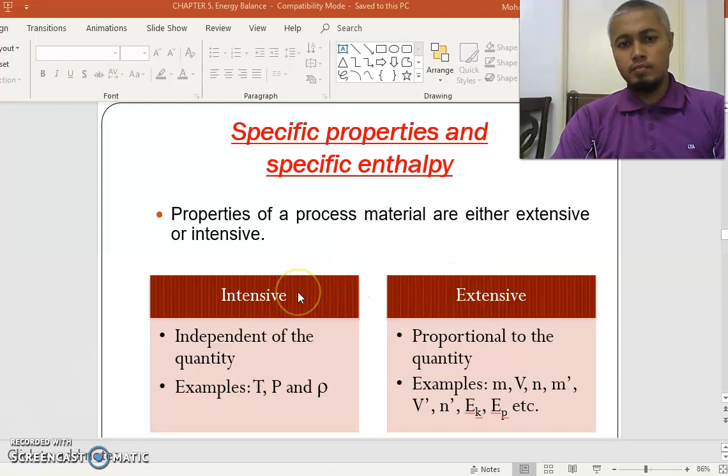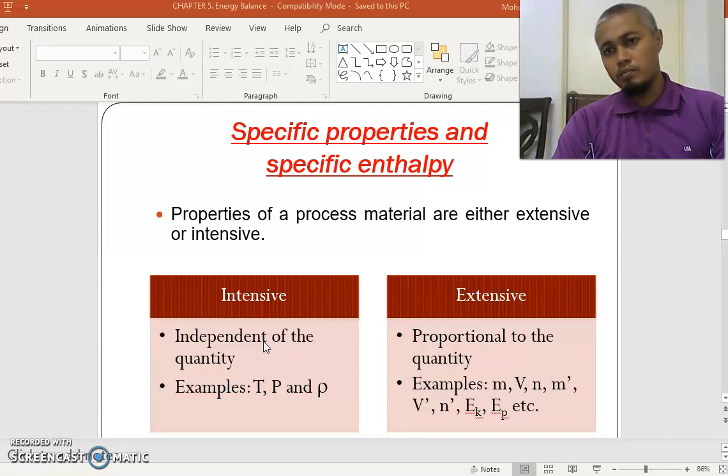Intensive properties are independent of the quantity. Let's say I have a glass of water. The density of the water is 1000 kilogram per meter cube, and the temperature of the water is 25 degrees C. Then I take 1/3 of the water and transfer it to another cup.